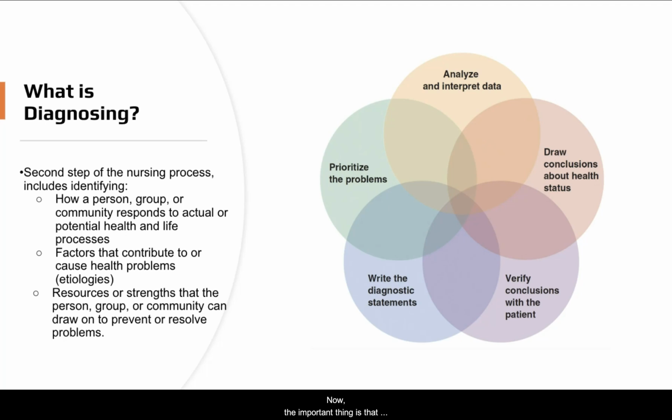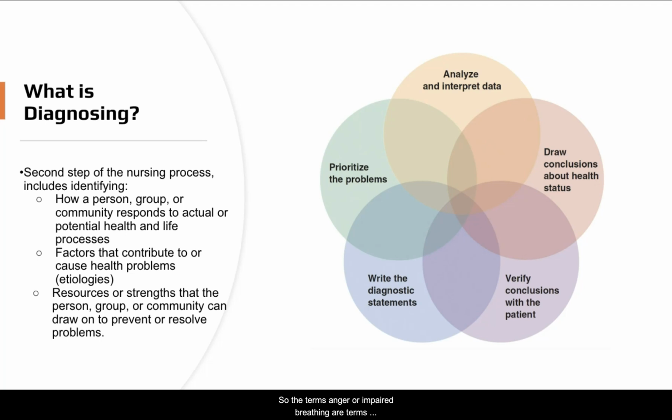Now, the important thing is that when you're making the diagnosis, a clear label or term that is familiar to all members of the healthcare team is important to understand the patient's needs. So consider a patient who's breathing rapidly. This patient could be breathing rapidly because he's angry, or because of a physiological reason.